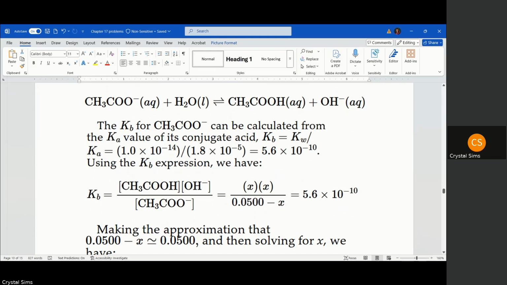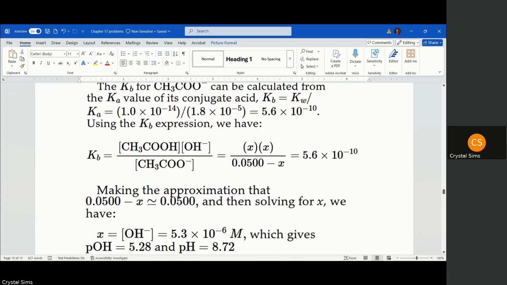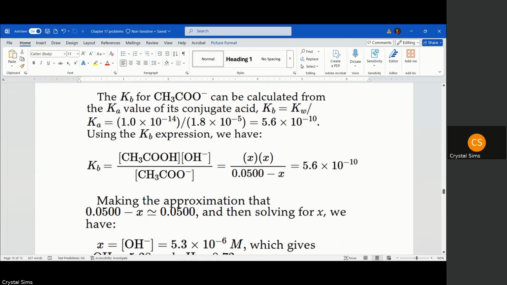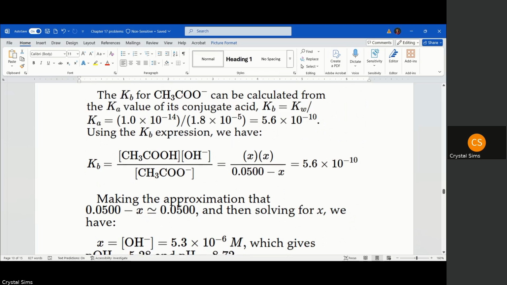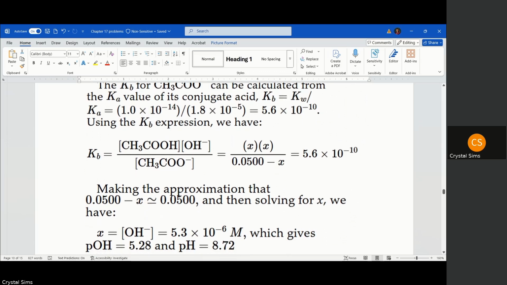Now, we use our assumption because our Kb is so tiny, then we can assume that 0.05 minus X is equivalent to 0.05. So then solving for X, we end up with 5.3 times 10 to the negative 6, which gives us a pOH of 5.28. Subtract that from 14. Our pH is 8.72.